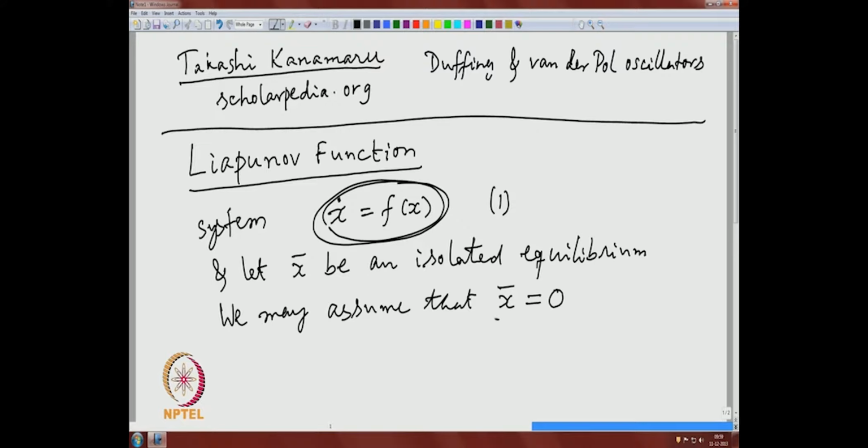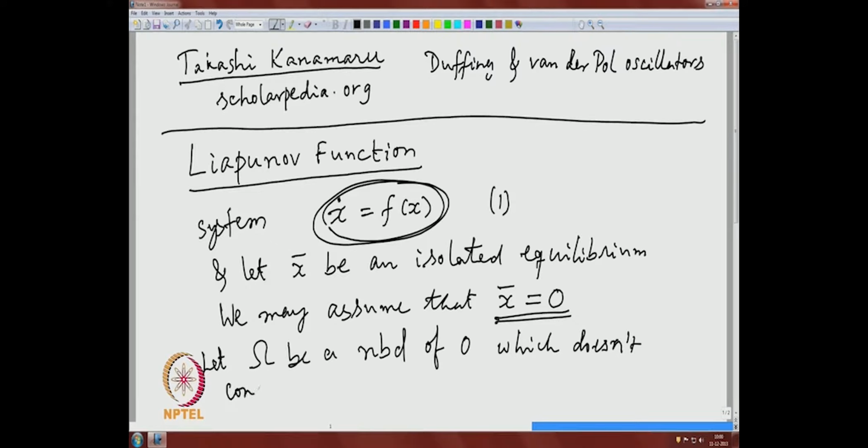So, just stick to this and let omega be a neighborhood, NBD, neighborhood of 0 which does not contain any other equilibrium point of 1.